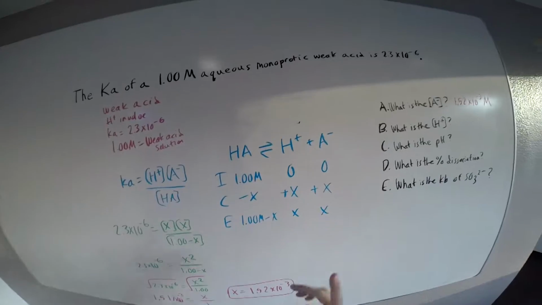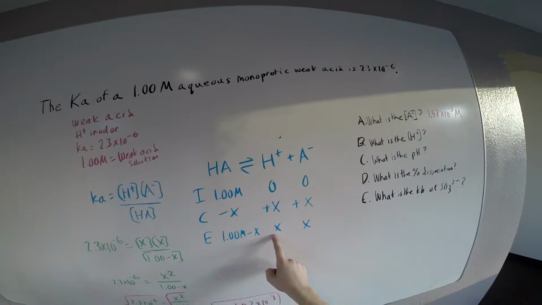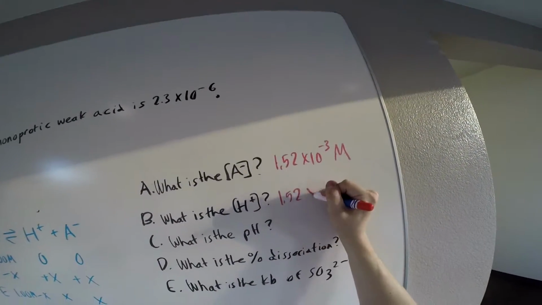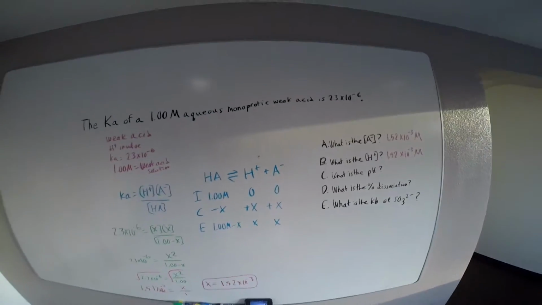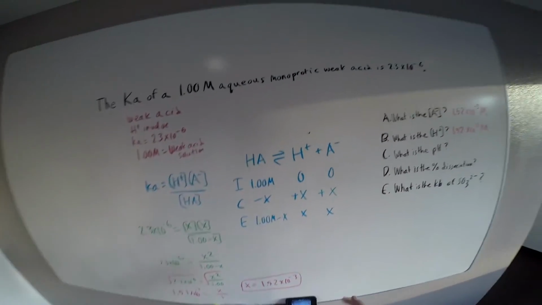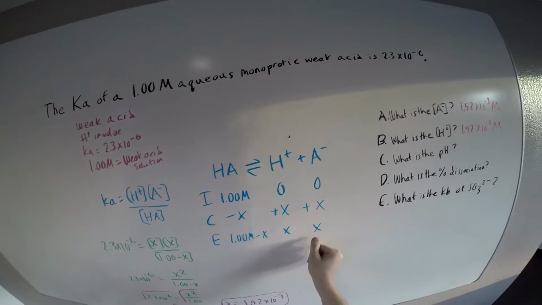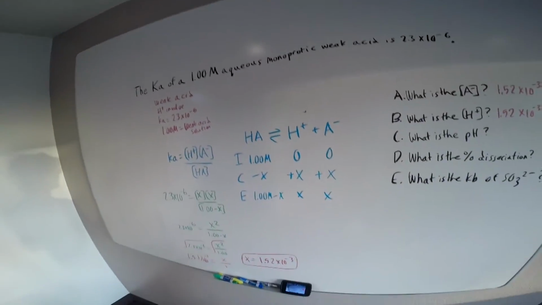Now, the A minus dissociates just as much as the H plus, so it's also 1.52 times 10 to the negative 3 molar. So we've just found the H plus concentration and the A minus concentration given this information by using an ice chart.